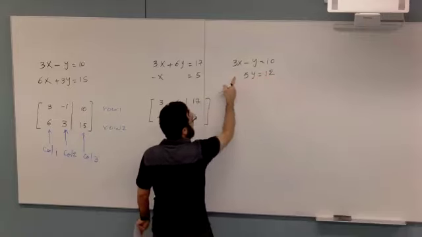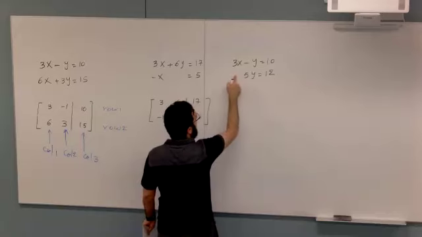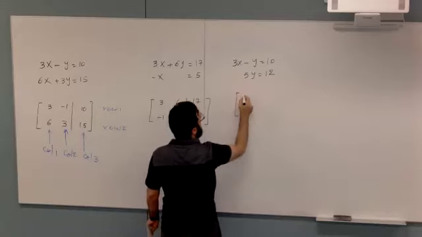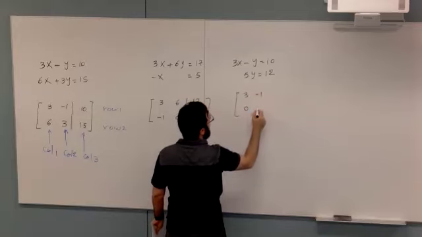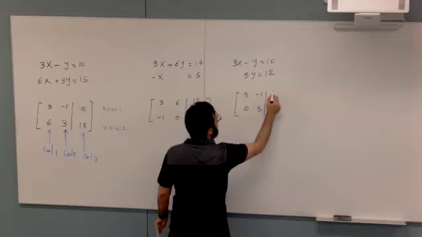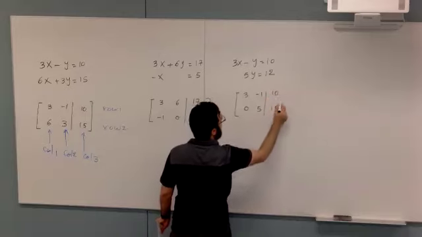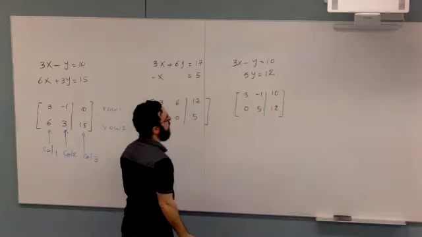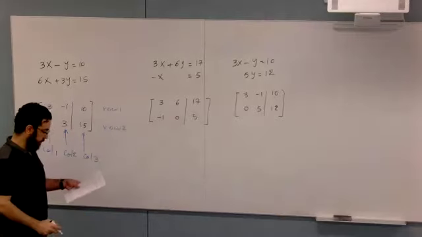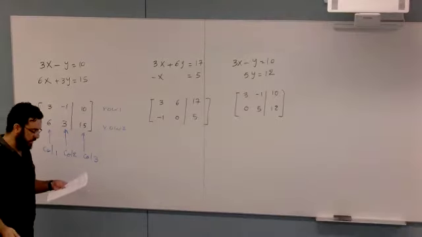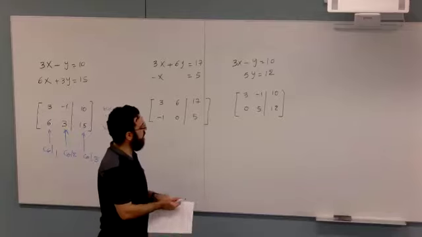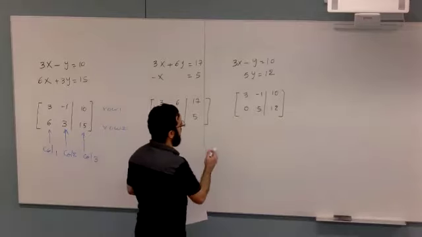How much is the value of x here? No, here. That means it's 3 and 0, -1 and 5, and 10 and 12. This is the augmented matrix. Is that okay? The second one, what we have. Let's do the second one here.